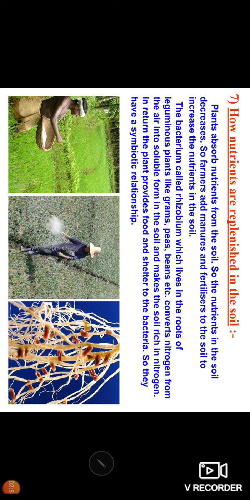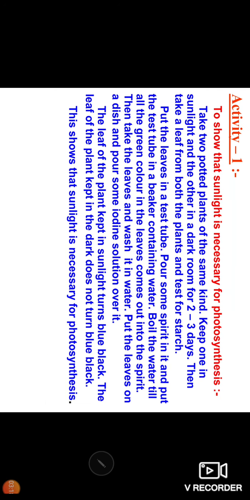Plants absorb nutrients from the soil, and the nutrients in the soil decrease. This can be corrected by adding manures and fertilizers, and also some nitrogen fixing bacteria. Example, rhizobium. So we discussed how rhizobium fixes nitrogen in the soil.